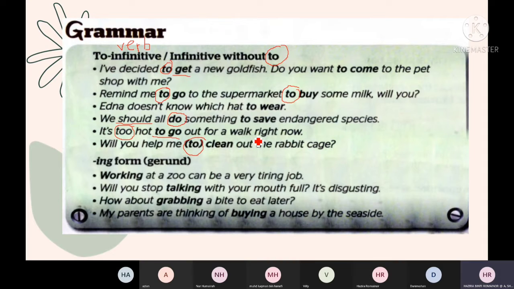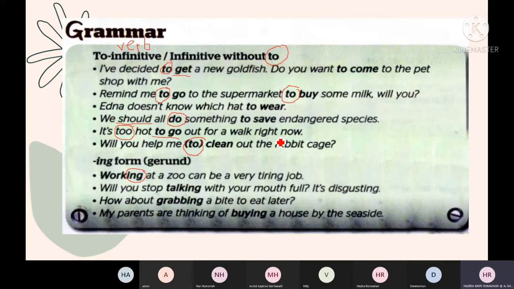The second one is gerund. So what is gerund? Gerund is part of the word that will become a noun. Dia akan jadi kata nama bila awak tambah ing. Example: working at a zoo can be a very tiring job.